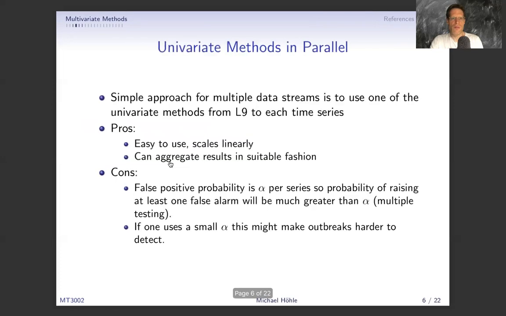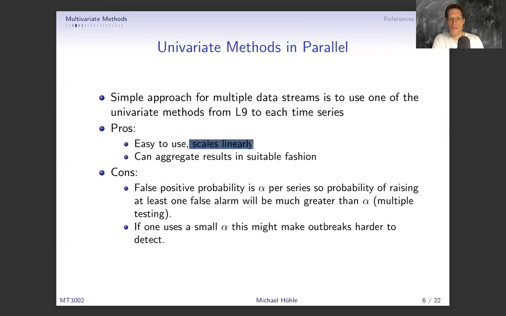So this is a very simple method for these different data streams. I will call them multiple time series or more simply multivariate time series. It is to simply use a univariate method on each of these time series. So that's of course very easy because you know already how to do that.